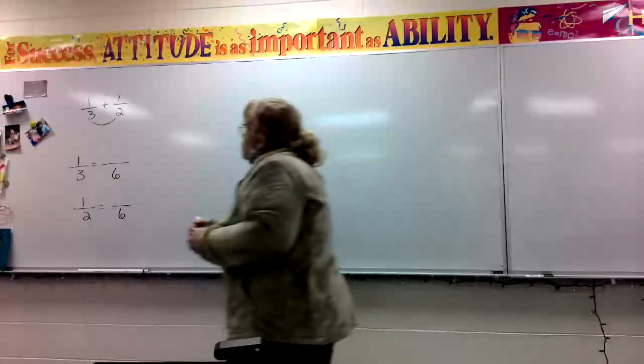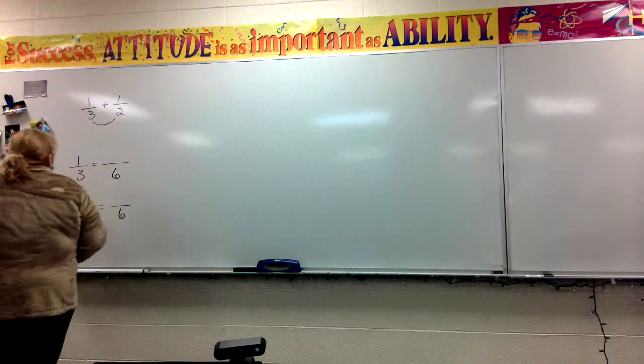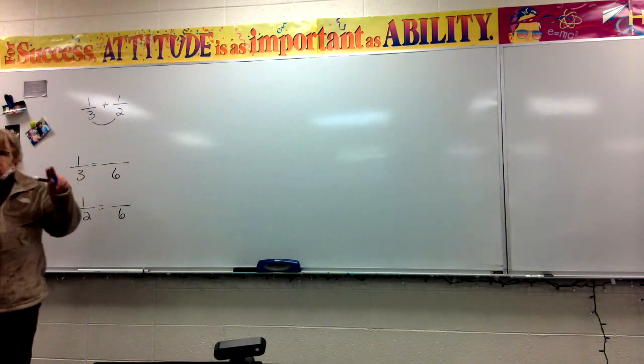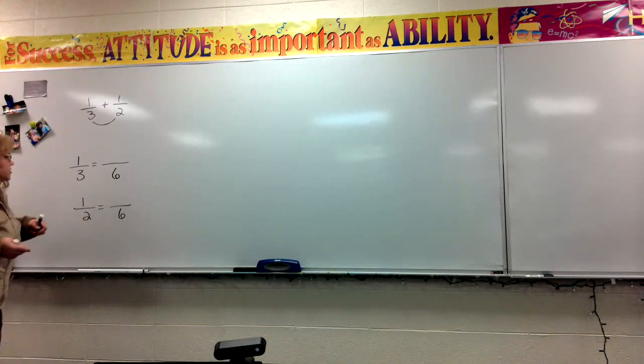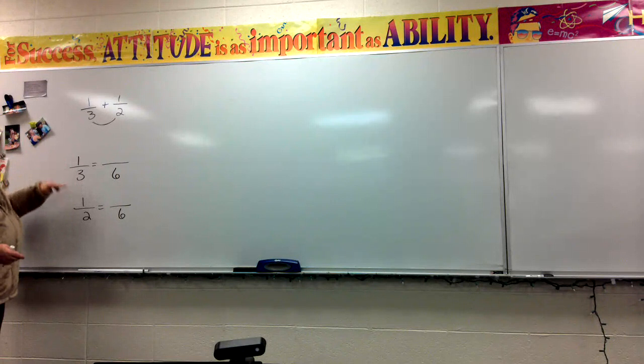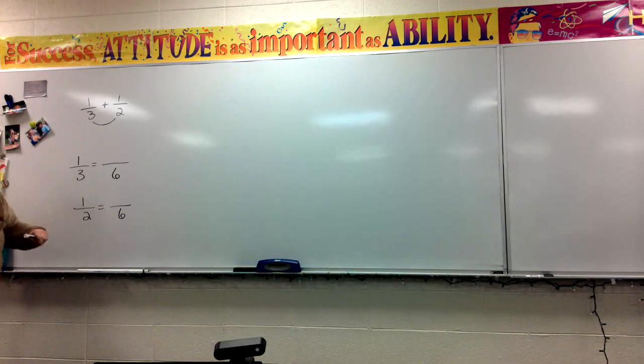And remember, the rule is, just like equations, you can multiply both sides by whatever you want, you can divide by whatever you want. Same thing with a fraction. We can multiply by whatever we want as long as we multiply the top and the bottom by the same number.